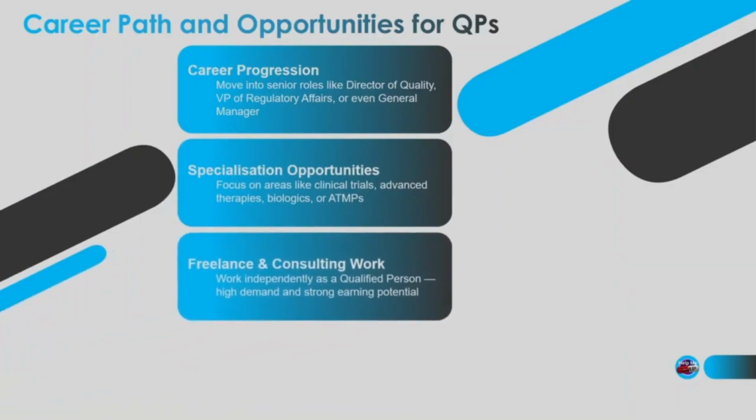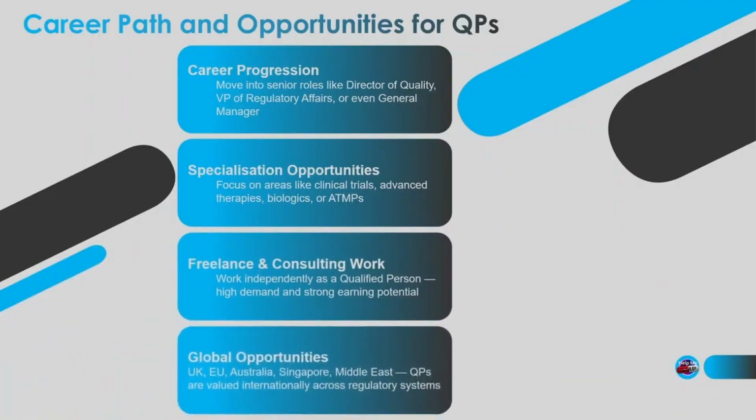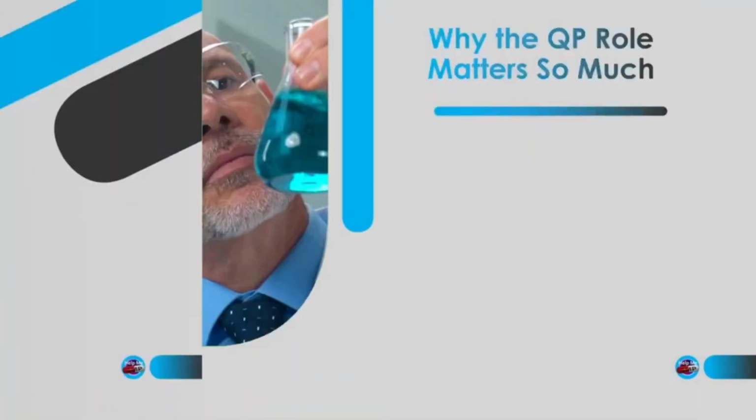Freelance QPs are in demand and can earn very good money. And you can work globally. QPs are highly valued in the UK, Europe, and even in Australia, Singapore, and beyond, even where that territory may not legally need a QP. Plus, you'll always have job security, because companies can't release products without you.